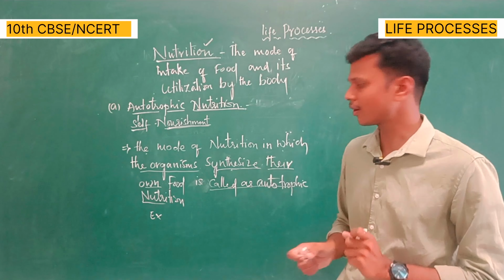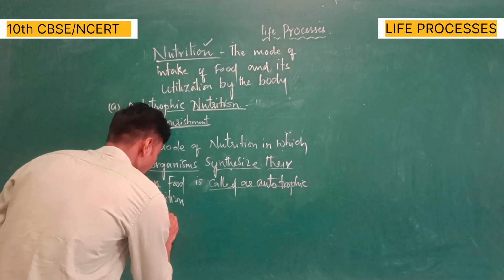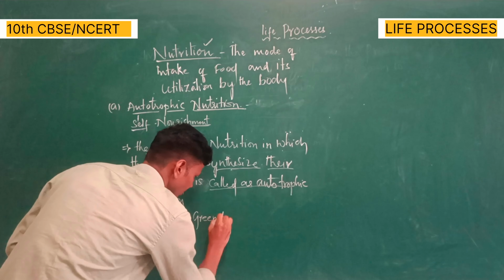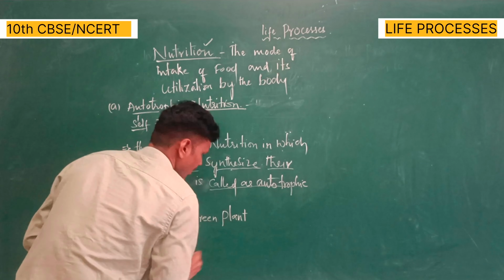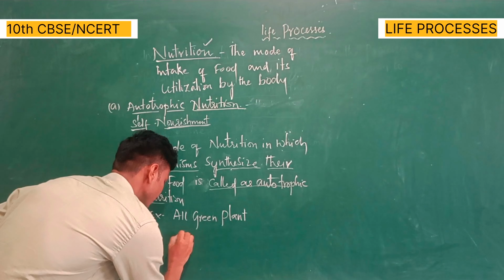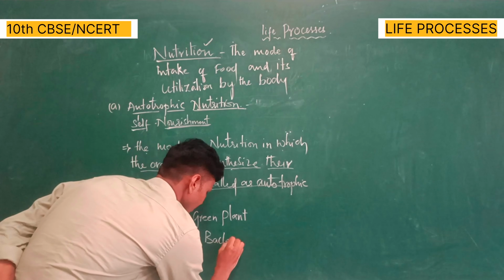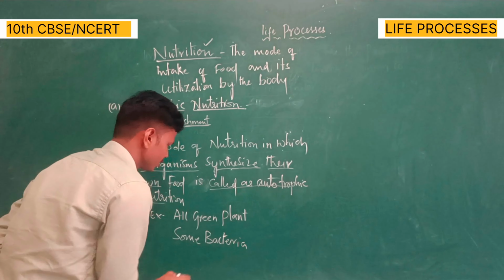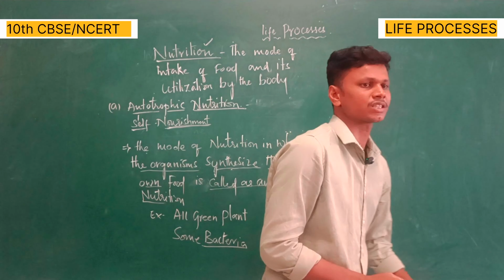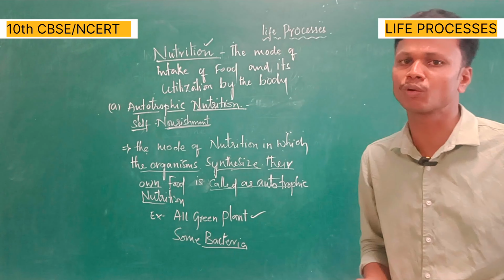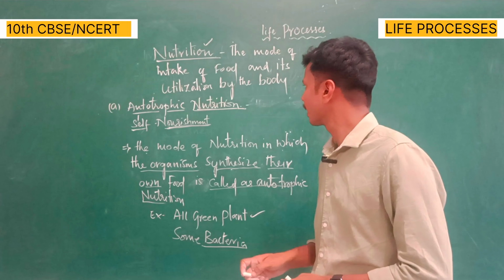Example: all green plants. Some bacteria and even some protozoans can also synthesize their own food, but if you remember all green plants, it is more than enough for your class.